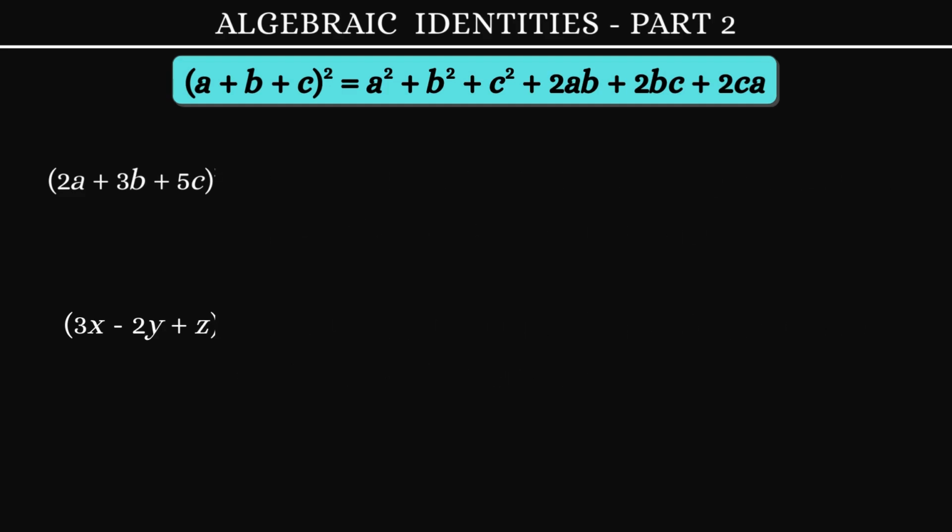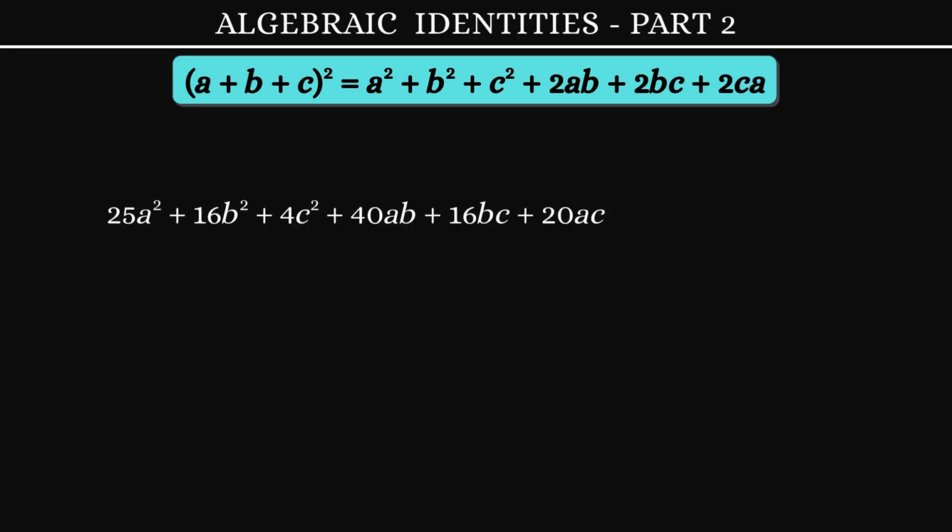Next, we'll move on to factorization. Let's factorize 25a squared plus 16b squared plus 4c squared plus 40ab plus 16bc plus 20ac.